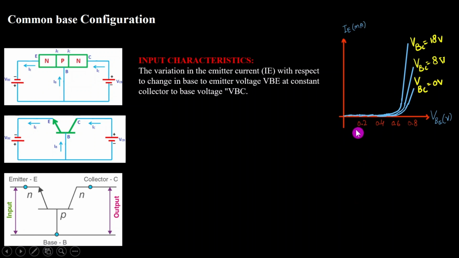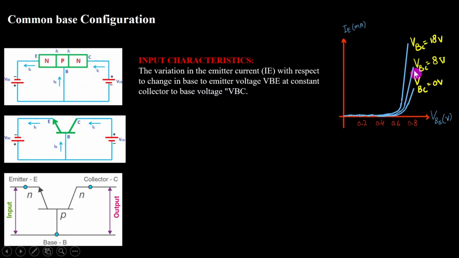Okay, again I'm going to repeat this. In this input characteristics, we will bring variation in the emitter current IE with respect to VBE at constant VCB.